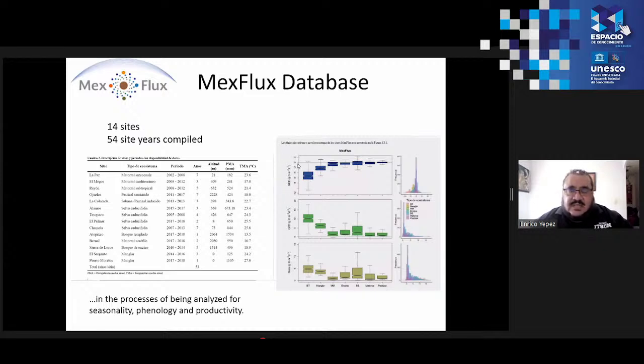This is the net ecosystem exchange of CO2. So we can see how our forest plantations, the temperate forest plantations that we have in the central part of the country, are huge sinks of CO2 from the atmosphere to the ecosystem, and it's a managed plantation. So we can think about very good potential to manage our forest plantations to sink carbon from the atmosphere.